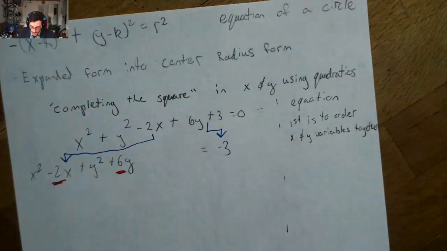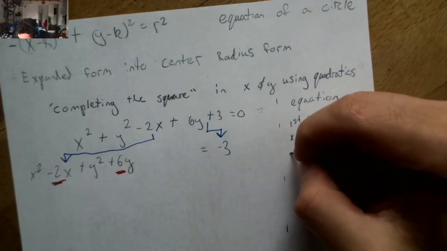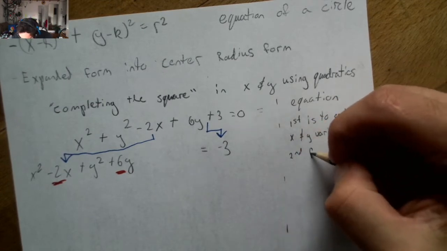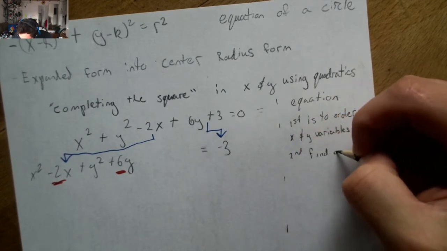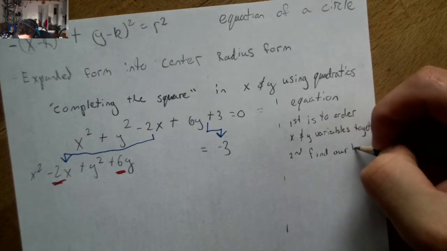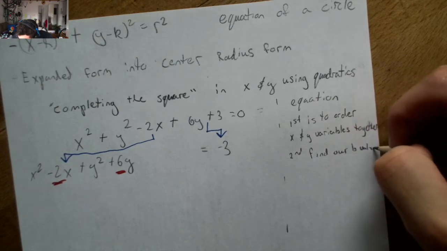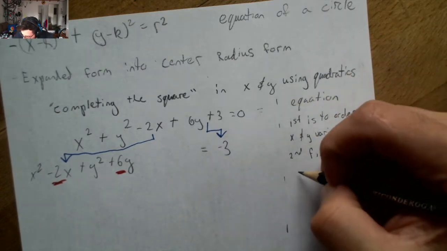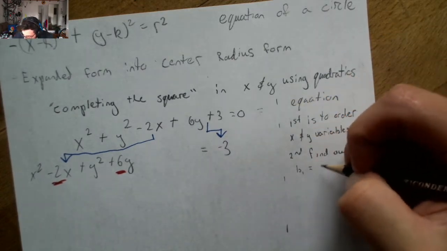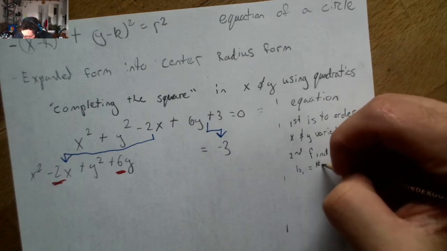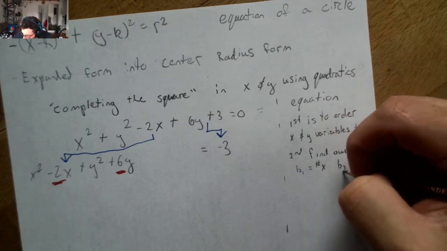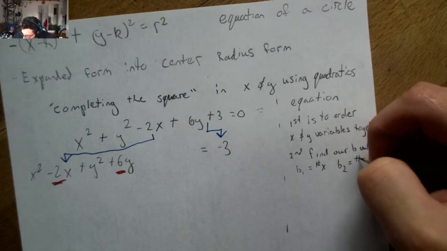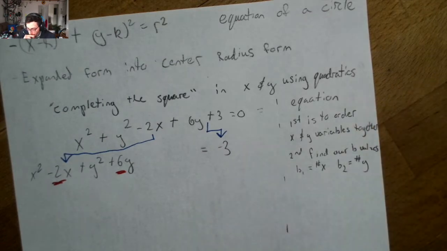I'm just going to highlight our -2, highlight our +6, and update our notes for find our b values. We're going to have what's called b1, and that's going to be the number in front of x. b2 is going to be the number in front of y.